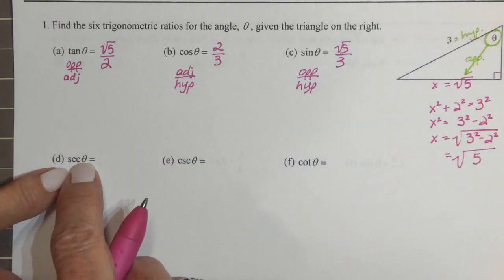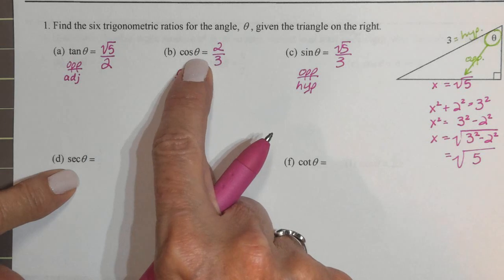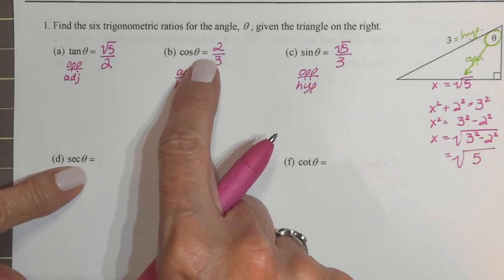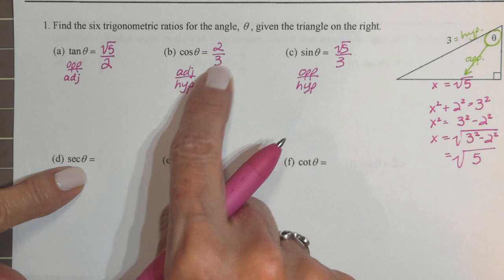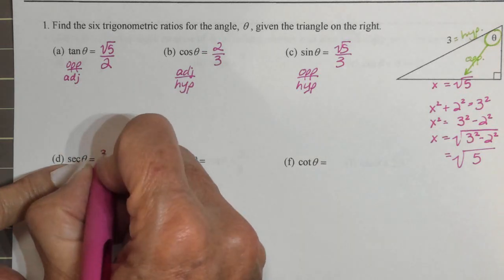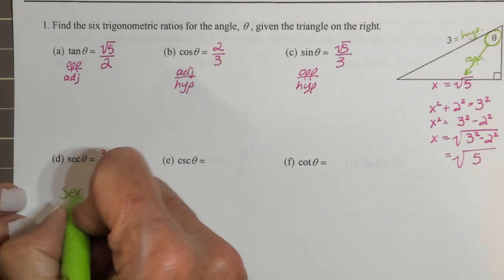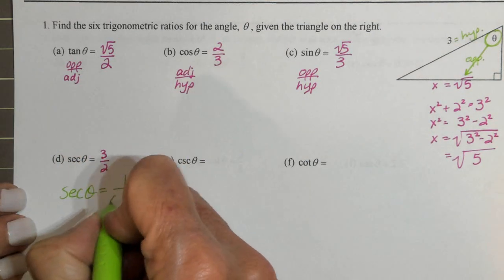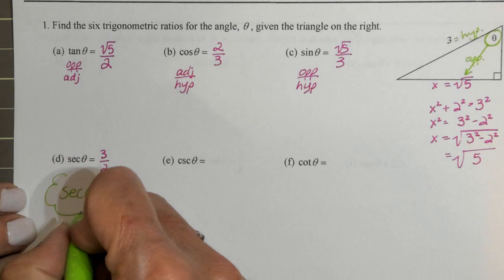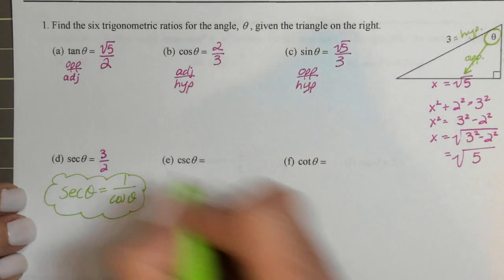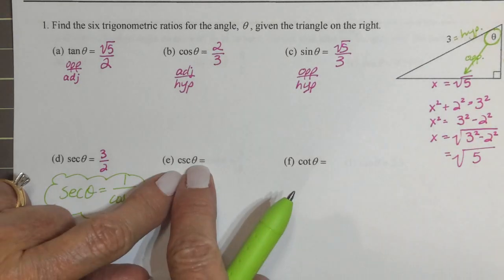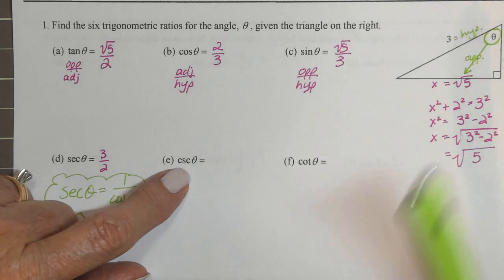Secant is the reciprocal of cosine. So since cosine is 2 over 3, secant will be 3 over 2. Secant is the flip of cosine. Cosecant is the flip of sine.